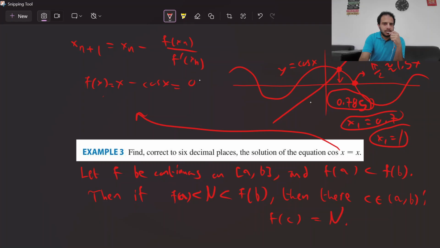Now, if I want to see where the solution is, I want f(a) less than 0, less than f(b), right? I want f(a) to be a negative number. I want to substitute a such that f(a) will be negative. And also, I want b such that f(b) is positive. Good?